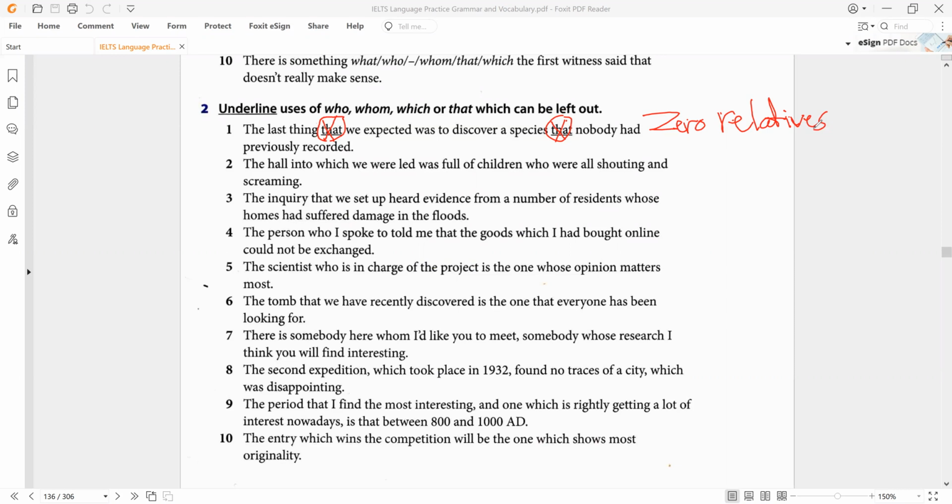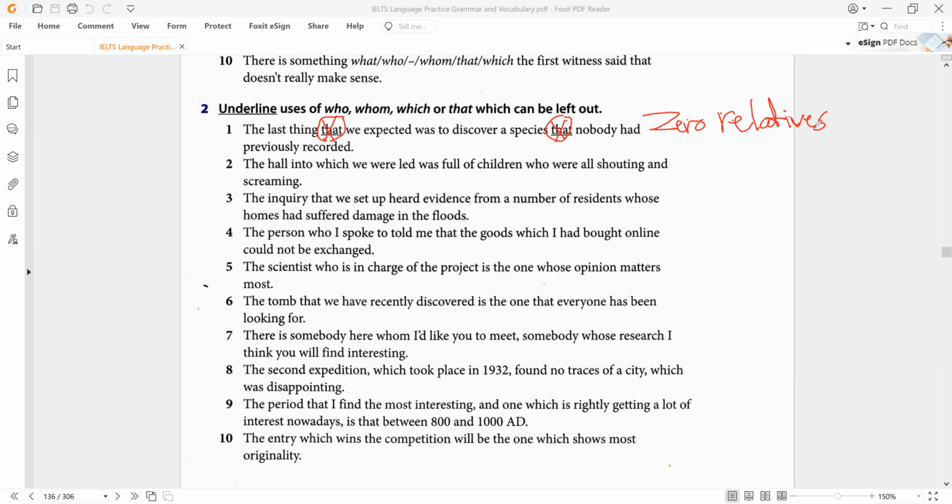Just a minute. So is it possible to delete which here? Or does it affect the meaning? The hall into we were led, or the hall into which we were led was full of children who were all shouting. Can we delete who or which here?